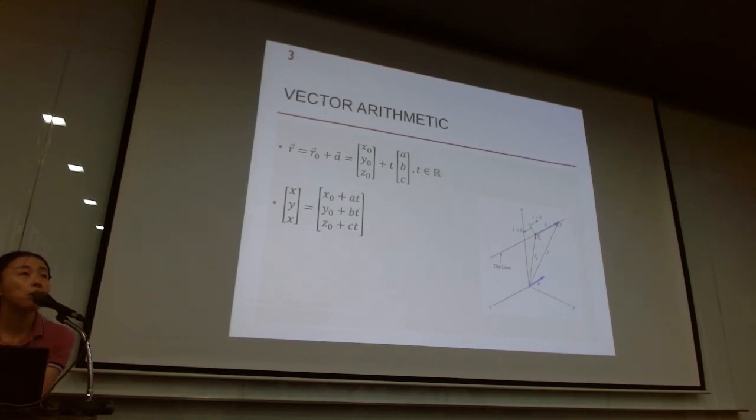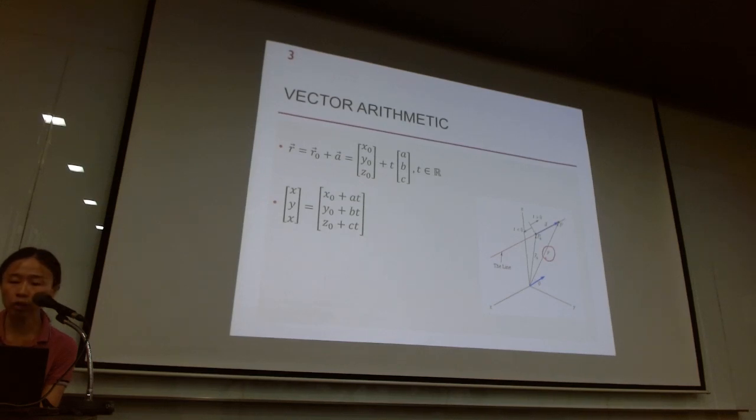Then we talk about the 3D coordinate. Then we move a little bit, okay? The vector arithmetic. So how can we add vectors together? I think it's the first chapter that you also learn in linear algebra. So in this case, at here, this one is r. Okay, so any r. That means if I have an r0, then we have a.